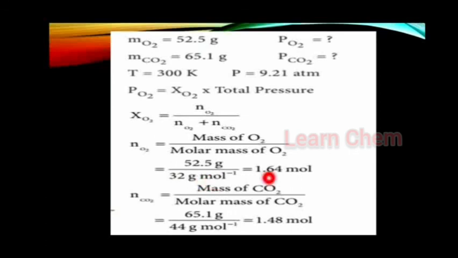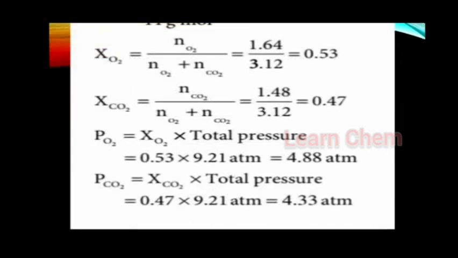So the number of moles of oxygen is 1.64 moles. For carbon dioxide, 65.1 by 44 grams, so that is 1.48 moles. So we have calculated the number of moles of oxygen and CO2. If you substitute the values in the mole fraction formula, number of moles divided by total number of moles, 1.64 divided by the total number of moles 3.12, the answer is 0.53.